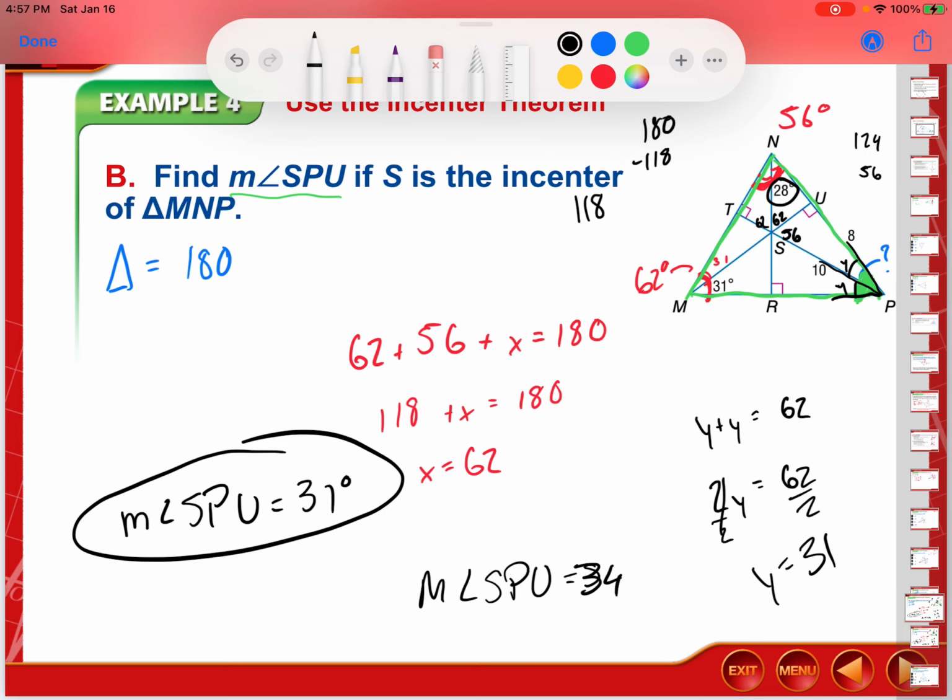For those two, 180 minus 118, which would be 62, right?